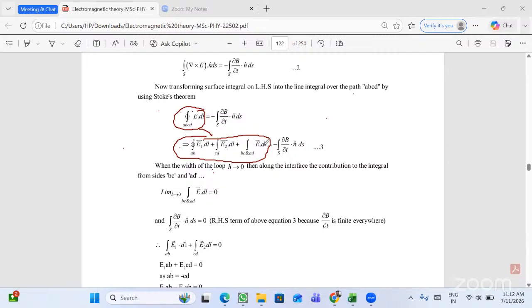And the third integral we have written by combining BC and AD. Okay, this one we have written by combining BC and AD.